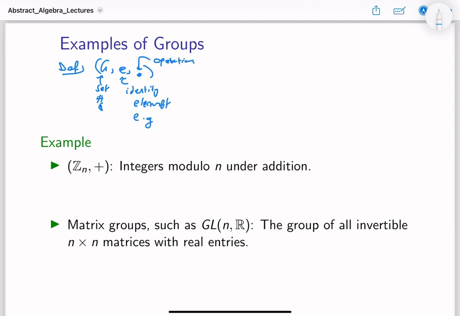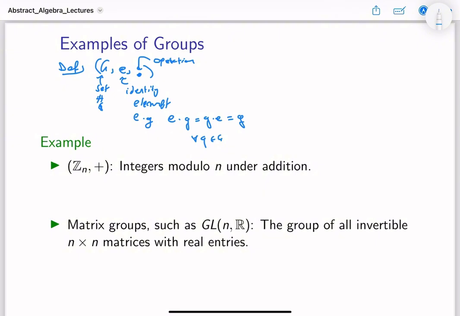The identity satisfies the property that e dot g is equal to g dot e is equal to g for every g in G. So in other words, applying the operation of the group to any element g and e gives you g back, right?